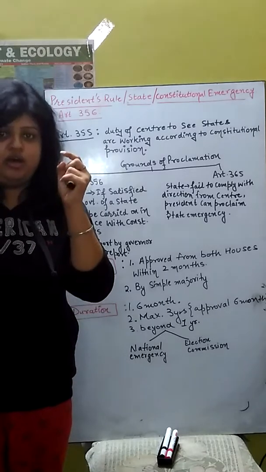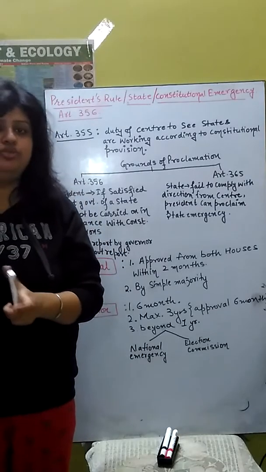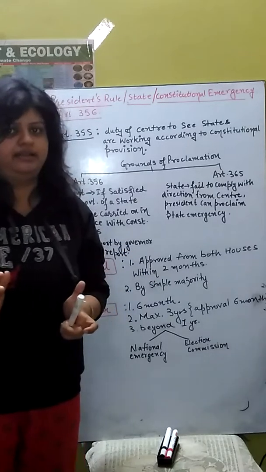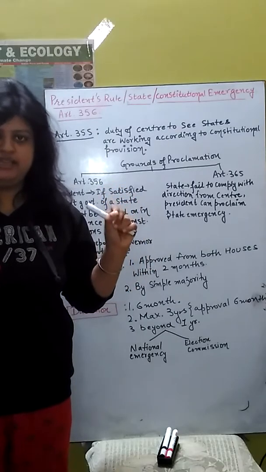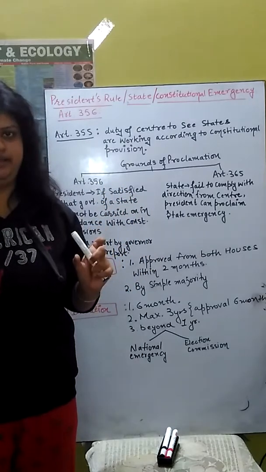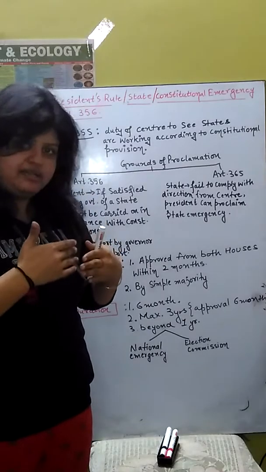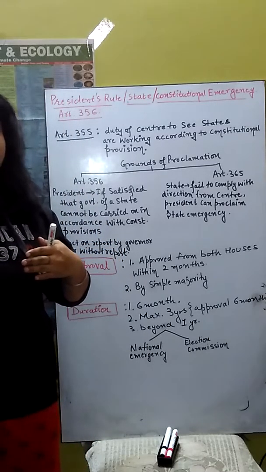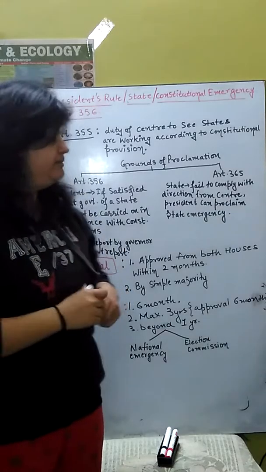And if at that time that state does not comply with the center, then the President has full power to proclaim the emergency in that state. Then what are the consequences once the President's rule is imposed? We will discuss in the next topic.